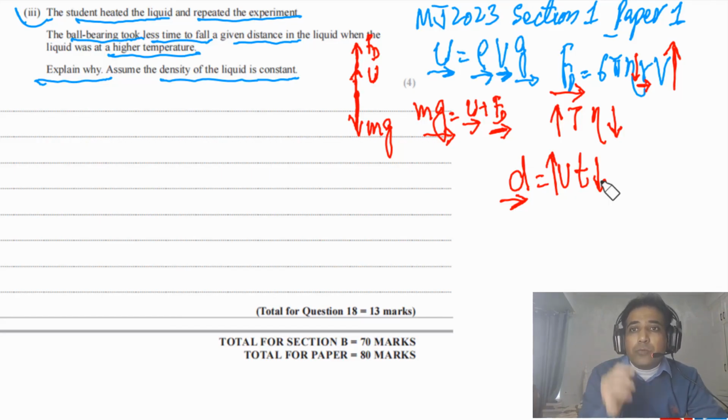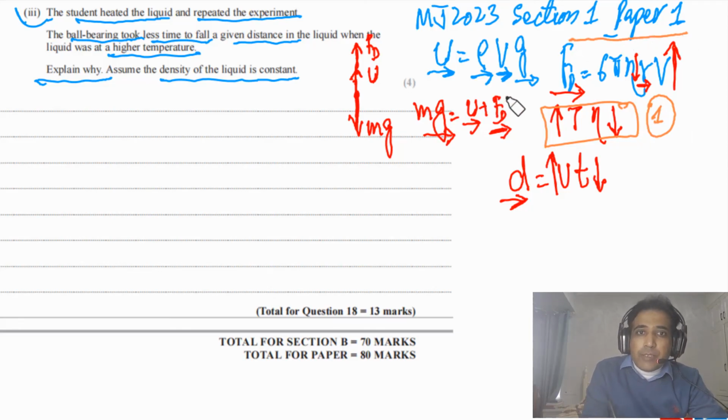So the first point we can say: at a higher temperature, viscosity will go down. So you can mention this point. This can be one point. Then we can also talk about forces.